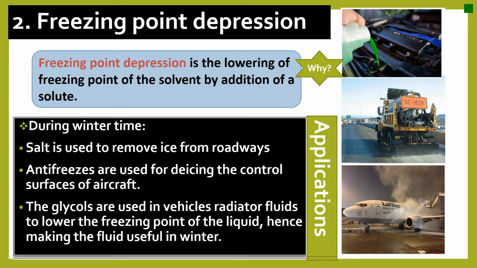Why is freezing point reduced or lowered when a solute is added to a given solvent? The particles of the solute interfere with the process of freezing up of a solvent because they prevent the molecules of the solvent from getting much closer to one another by covering some of them and preventing them from getting in contact.